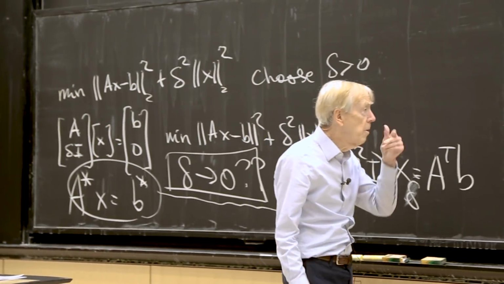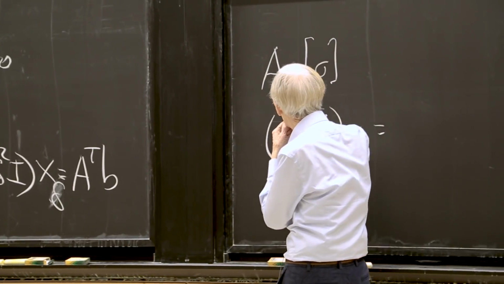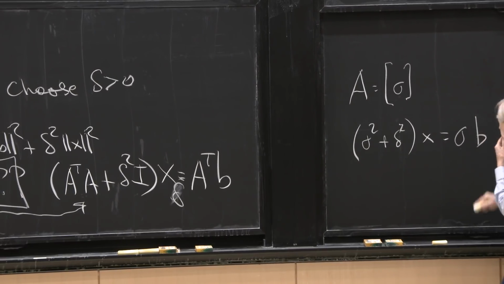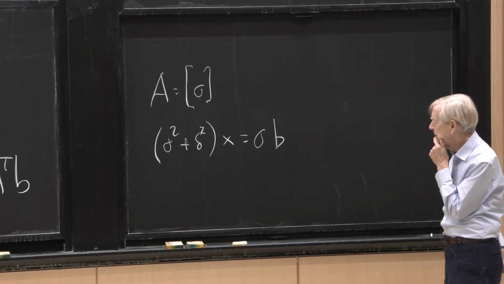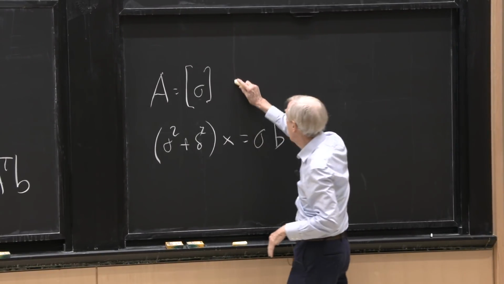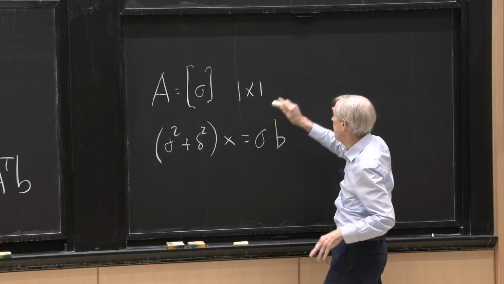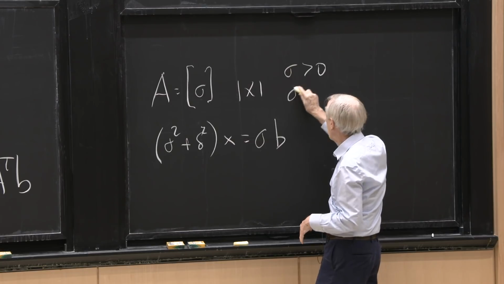And let me keep going on this 1 by 1 case. A transpose A is just sigma. I think it's just sigma B. Okay, so this is A is 1 by 1. And there are two cases here, sigma bigger than 0 or sigma equals 0.